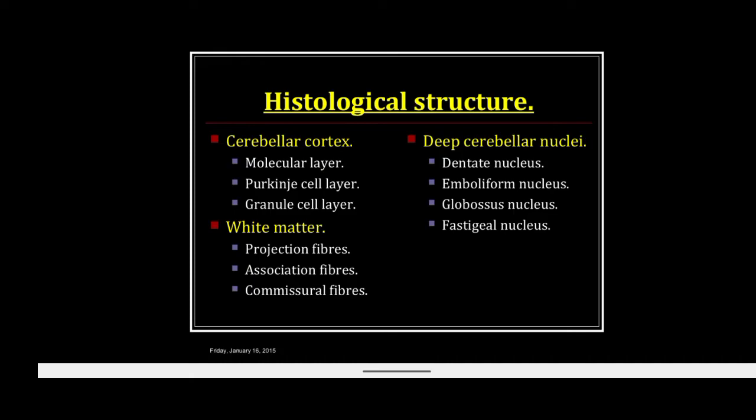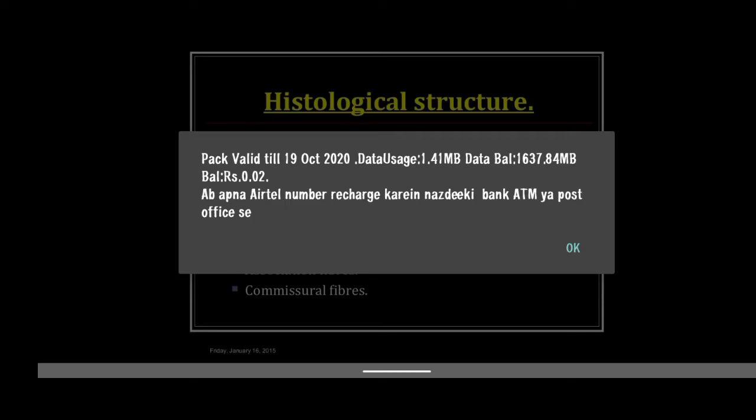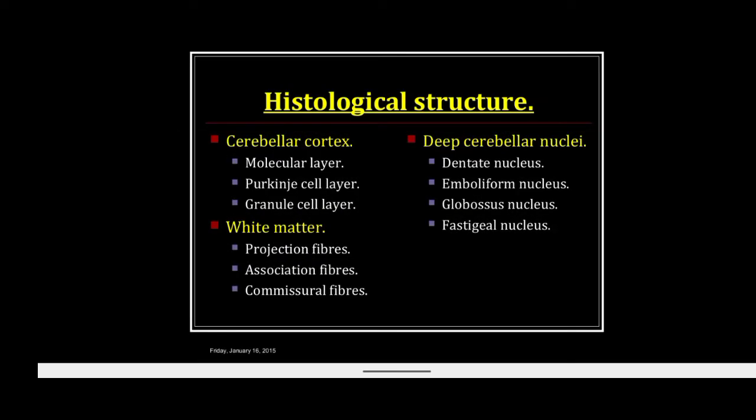In the 3 layers, the first one is the molecular layer, the second one is the Purkinje cell layer, and the third one is the granular cell layer. The white matter has different fibers, that are projection fibers, association fibers and commissural fibers. The deep cerebellar nuclei are the dentate nucleus, emboliform nucleus, globose nucleus and fastigial nucleus.